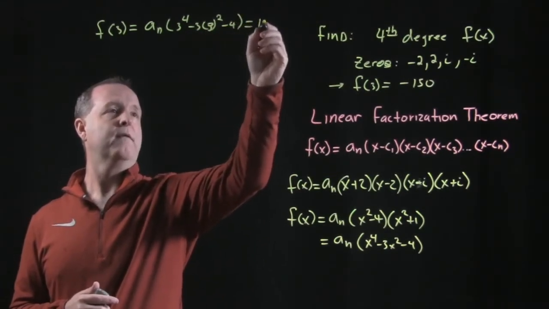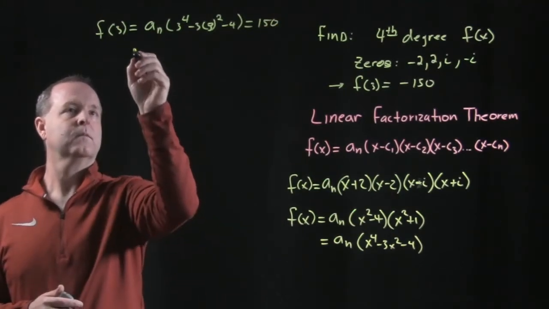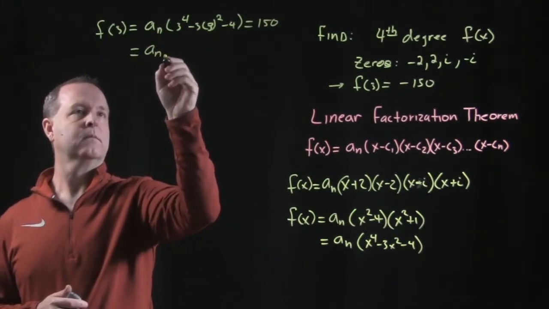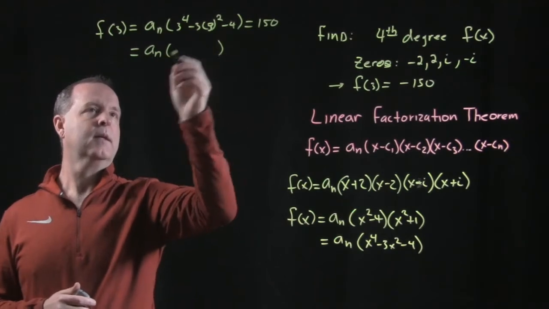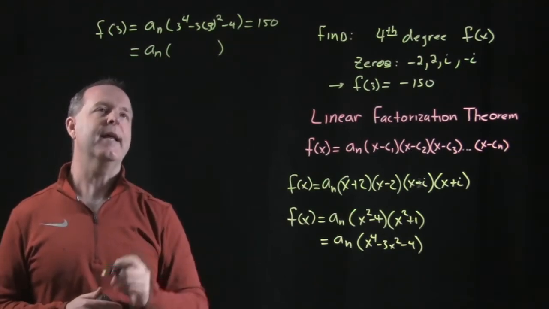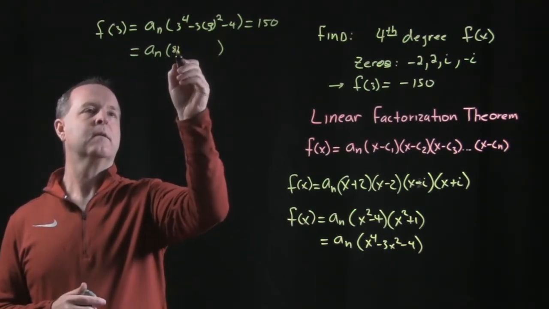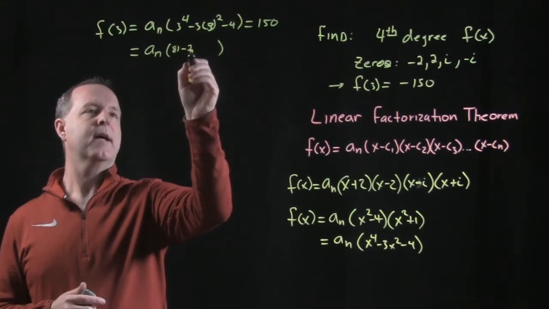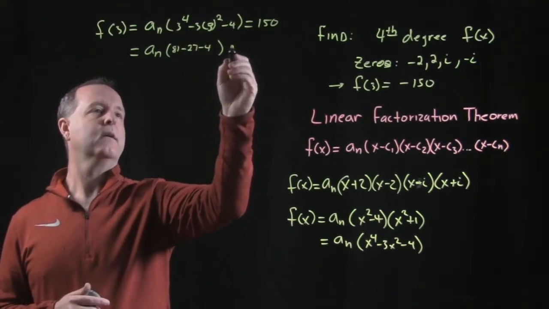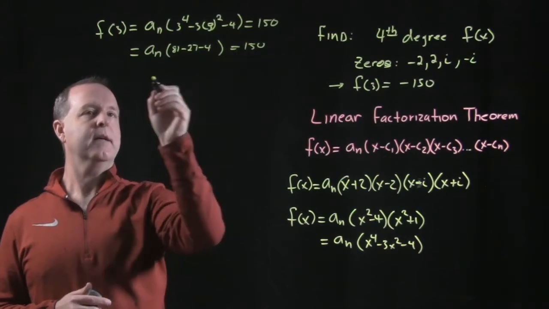That equals 150. 3 to the 4th is an 81 minus a 27 minus a 4 equals 150.